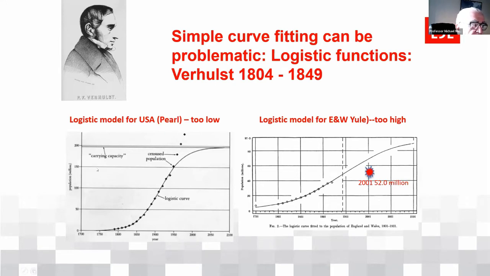In the US, the model by Pearl fitted incredibly well, but when it was projected, it very quickly failed to meet the growth rate that was observed in the US in the period. On the other hand, when a similar approach was taken for Britain and that curve was extrapolated into the future, it was well above the value that was observed, for example, in 2001.